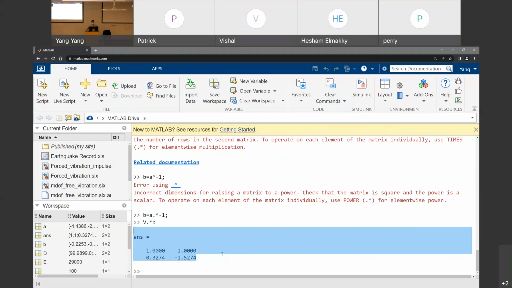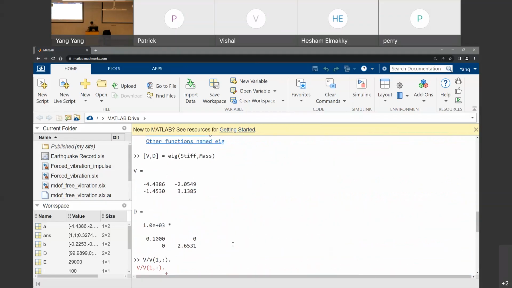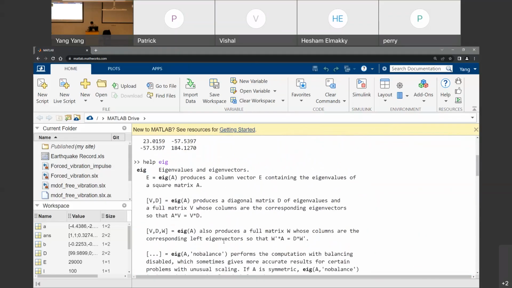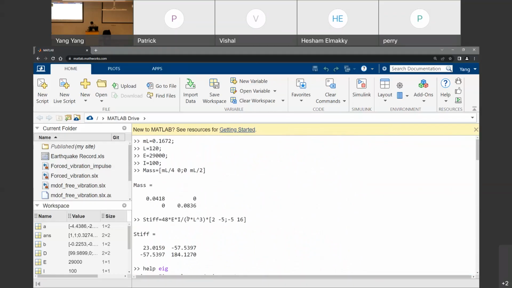What did you type in for stiffness at the top? Here. So this stiffness matrix is given in terms of EI and the mass.